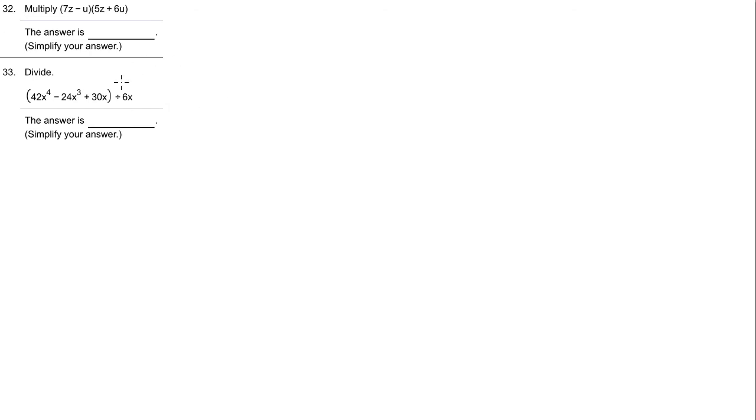Multiply. Okay. 7z times 5z is 35z squared. 7z times 6u is plus 42zu. Negative u times 5z is minus 5zu.